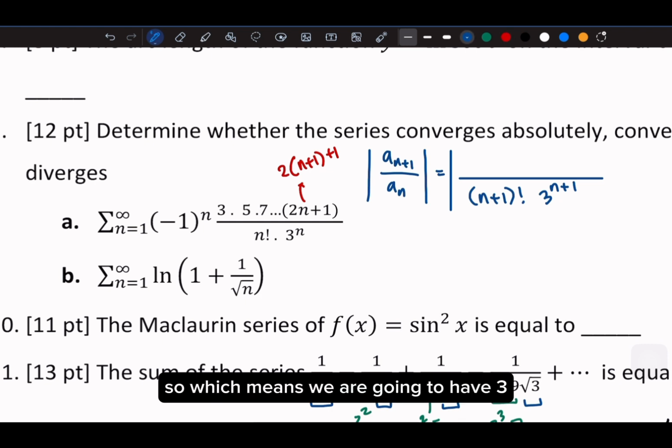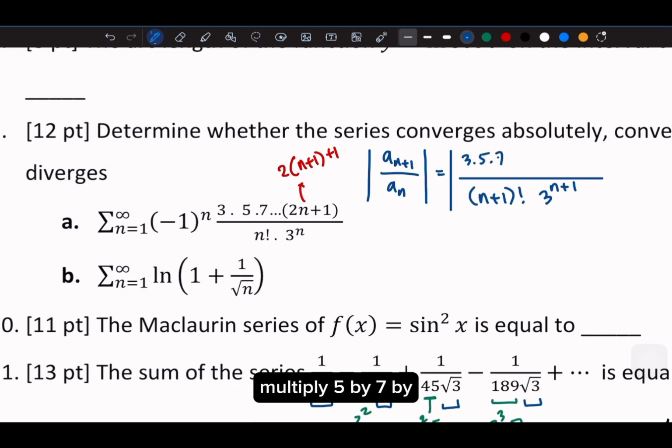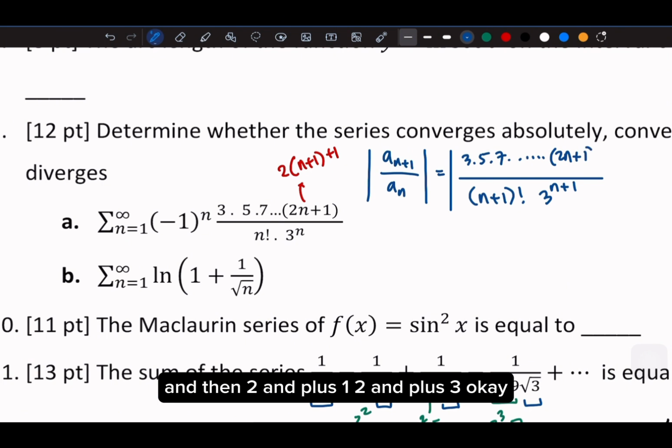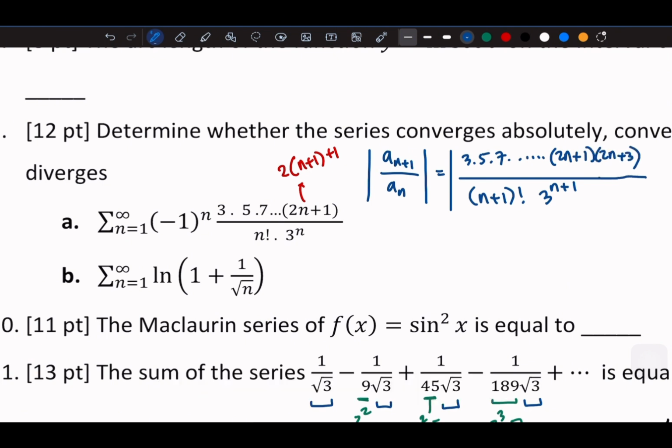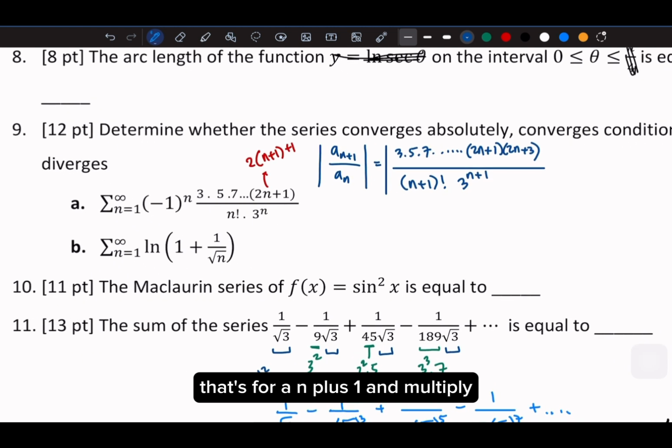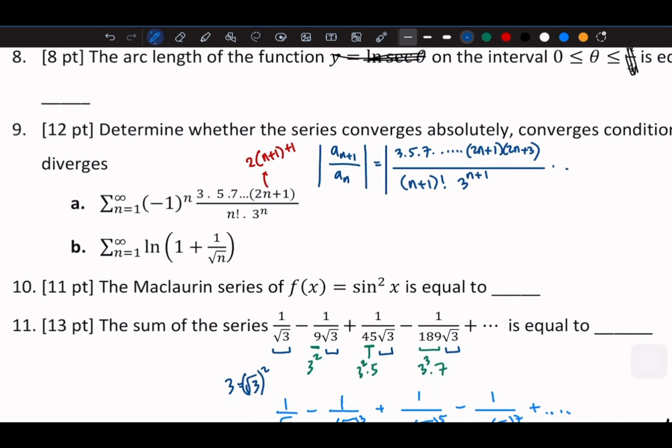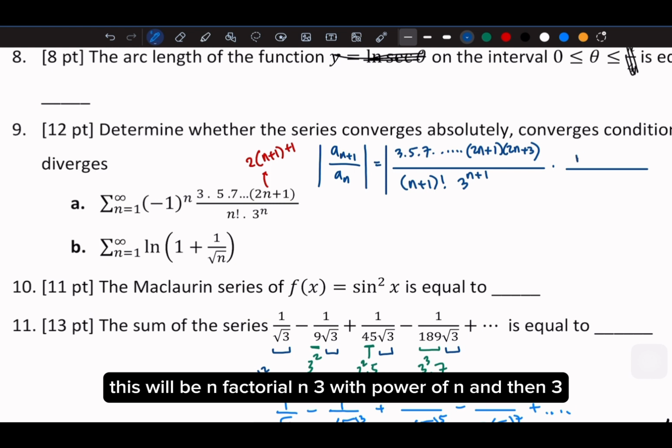So, which means we are going to have 3 multiplied by 5 by 7 and so on, and then 2n plus 1, 2n plus 3. Okay, that's for an plus 1. And multiply, this will be n factorial and 3 with power of n.